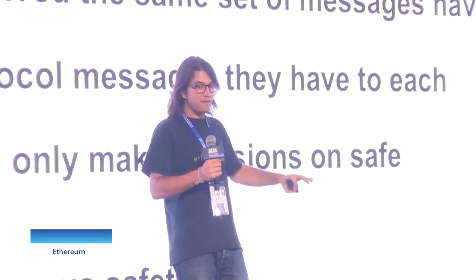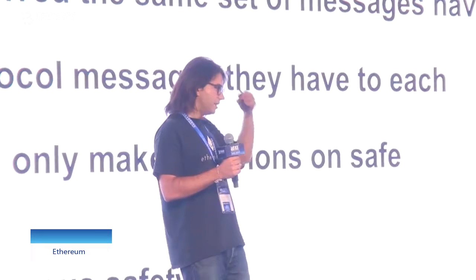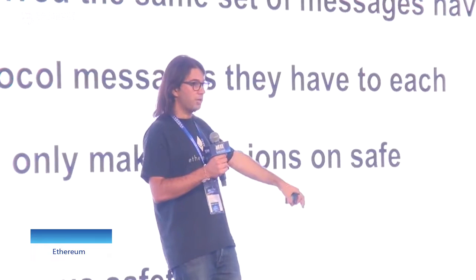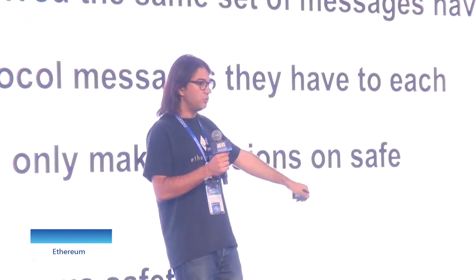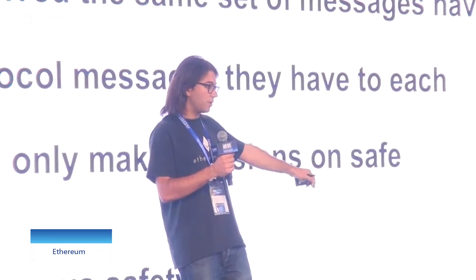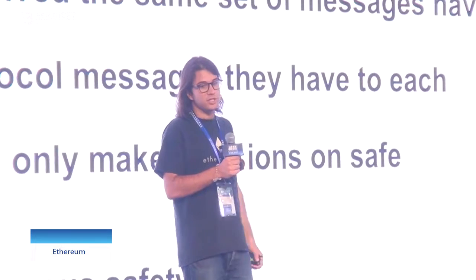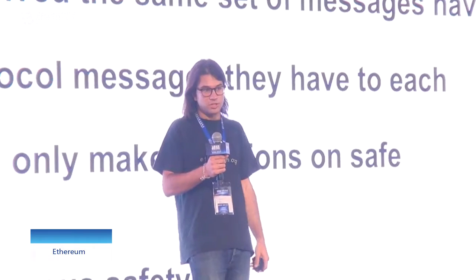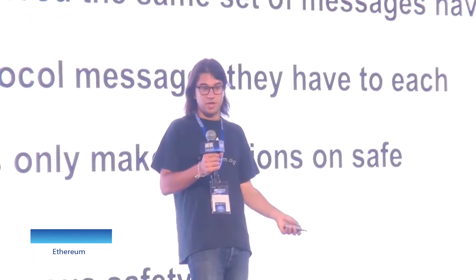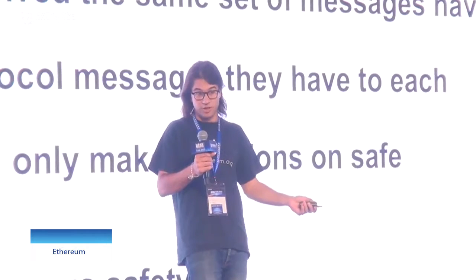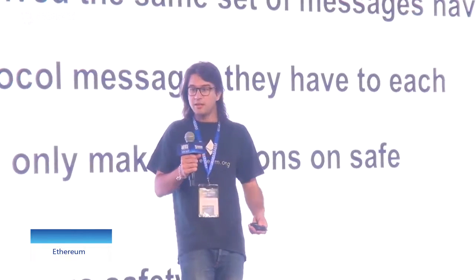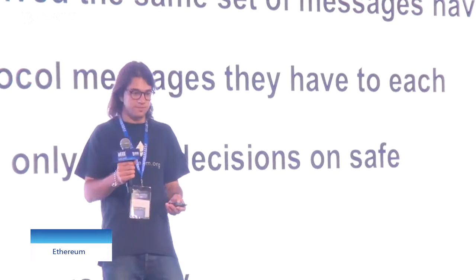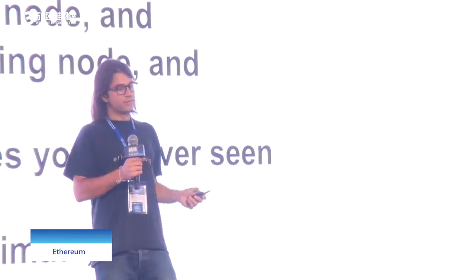This is a really foundational theorem. It says that we can relate this local property of an unchanging estimate to this global, distributed property of consensus safety if we have these conditions: that nodes can send each other messages, nodes who receive the same set of messages have the same estimates regardless of the order they receive the messages in, and nodes only make decisions on safe estimates. So I'm going to give a little proof here.